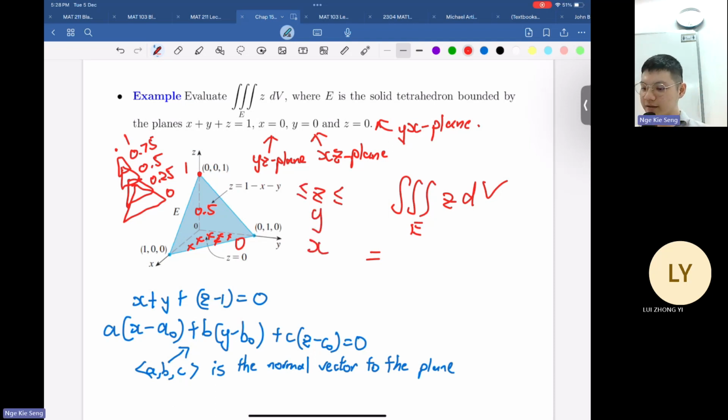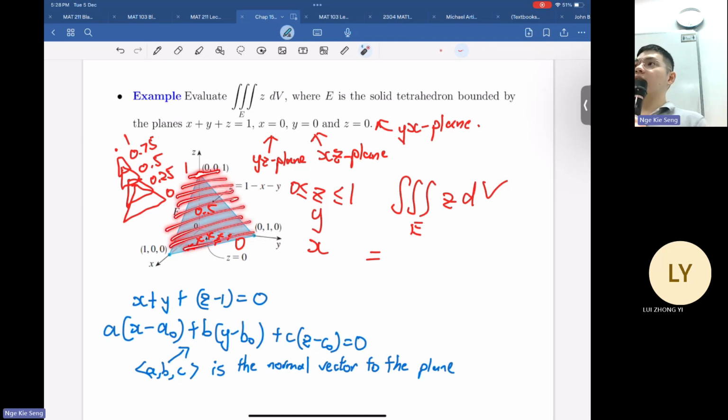So Z. Let's think where Z goes, from 0 up to 1. So when we fix Z, this direction is fixed. So we need to see what's the domain you get here. So how about Y? What does Y depend on?